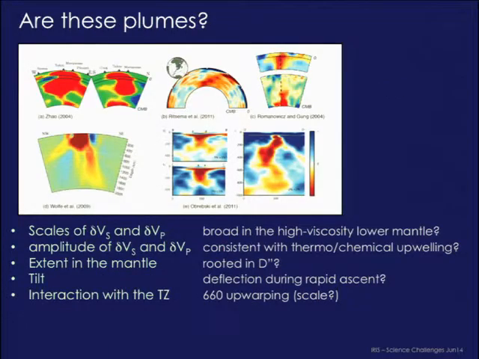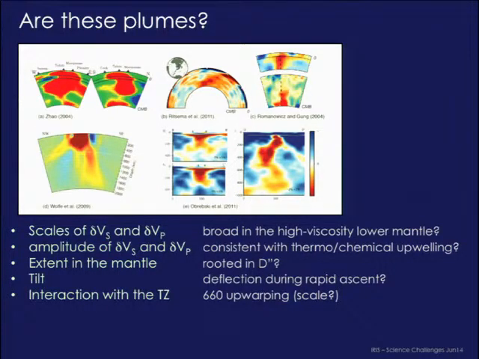Okay, so the results of many years of seismological research are put in this graph. We have a lot of seismological images of the mantle that indicate reduced shear velocity or compressional wave velocity structures across the mantle, and some of these structures extend well below, for example, how deep ridges go.